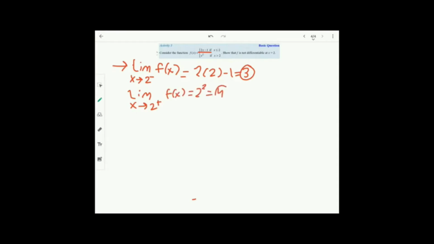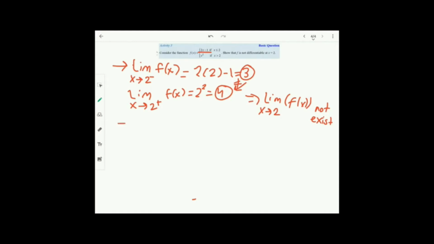Well, since these are not equal, doesn't the limit as x goes to 2 of f of x not exist? Right? It doesn't exist. Well, then isn't it discontinuous at the point? Right? We've got a jump discontinuity at the point.